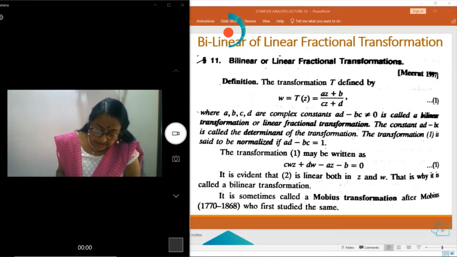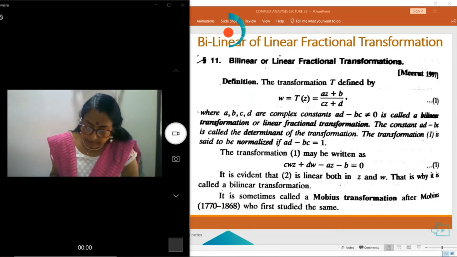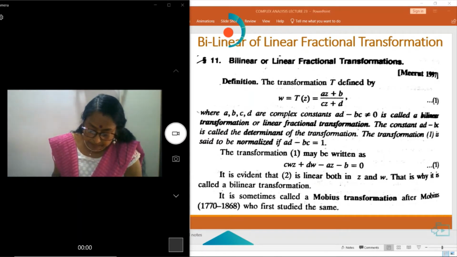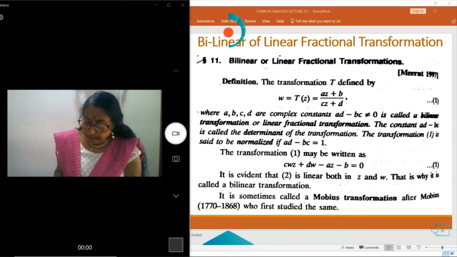The constant AD minus BC is called the determinant of the transformation. The transformation 1 is said to be normalized if AD minus BC is equal to 1.